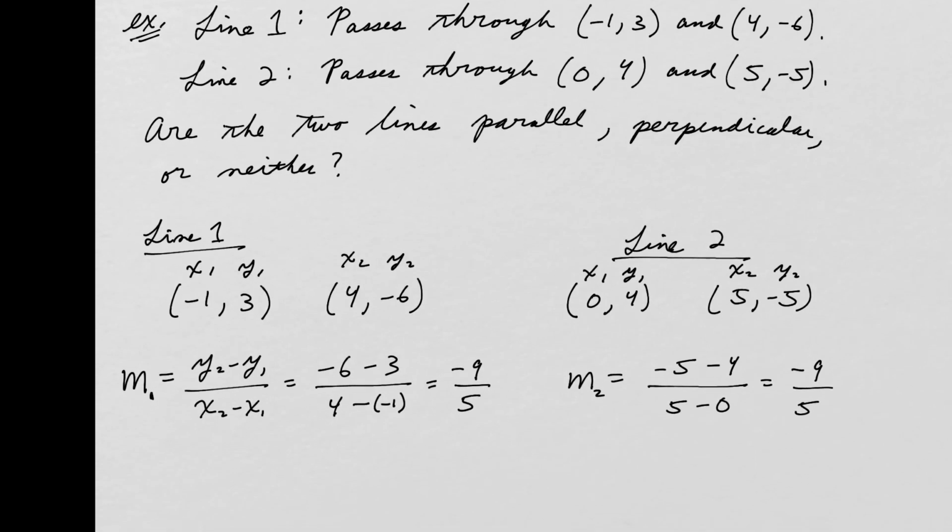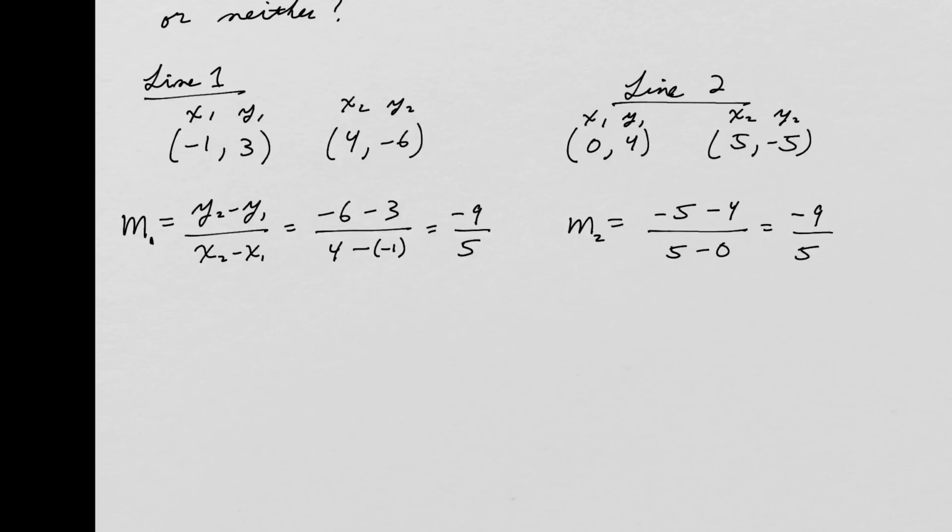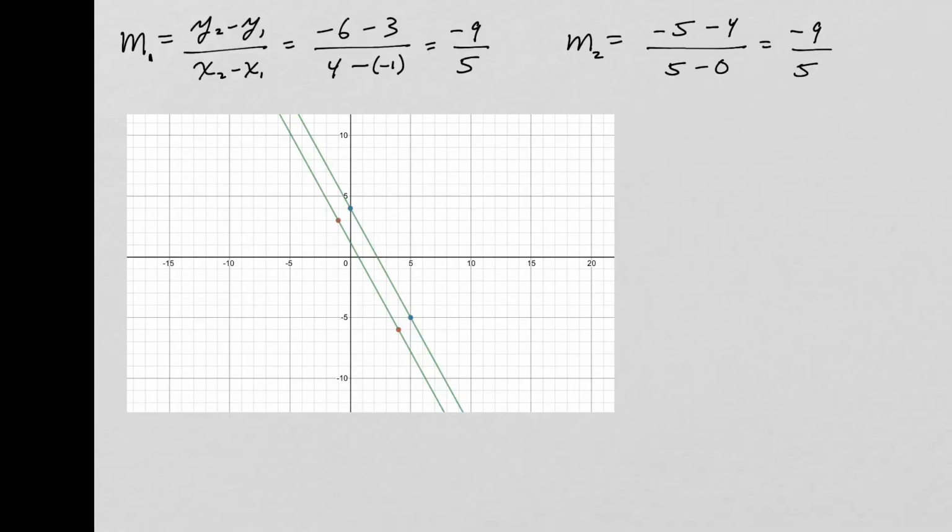We could make sure they're really not the same line by plotting this. Actually, let me do that real quick. I'll pause and come back. Okay, so just to double check, we found that the slopes are equal, so the lines must be parallel, but I just wanted to make sure that they weren't exactly the same line. You could do that several different ways. In this case, I just chose to graph them, so I plotted those two points, drew the line through the two points, and we can see that both lines are different.